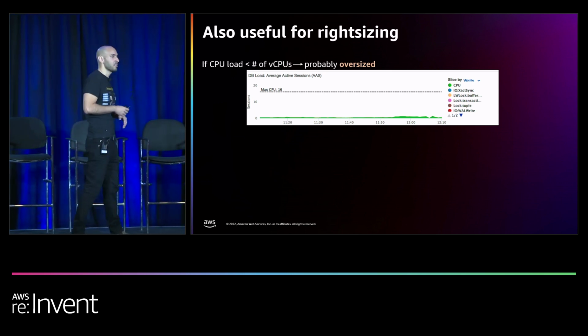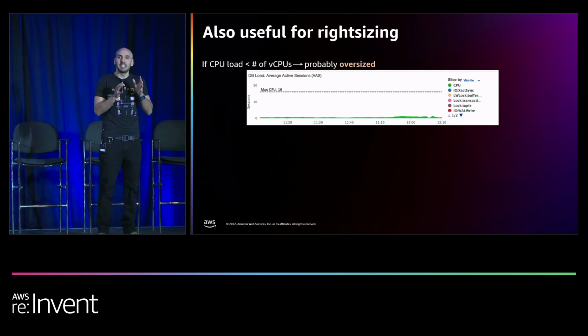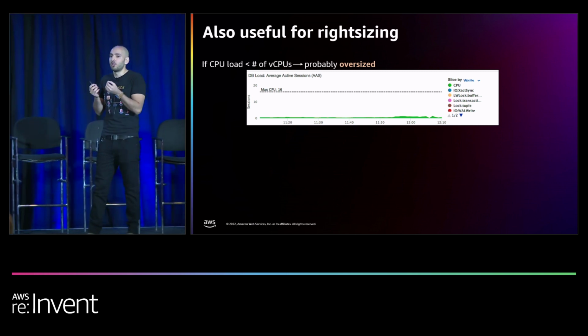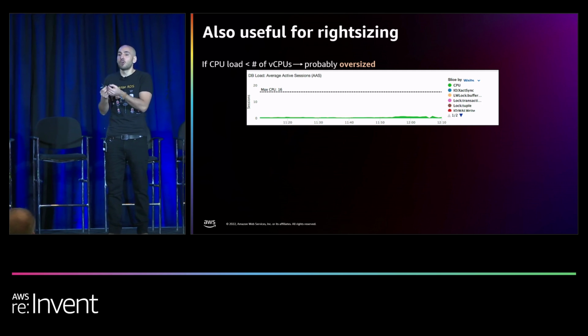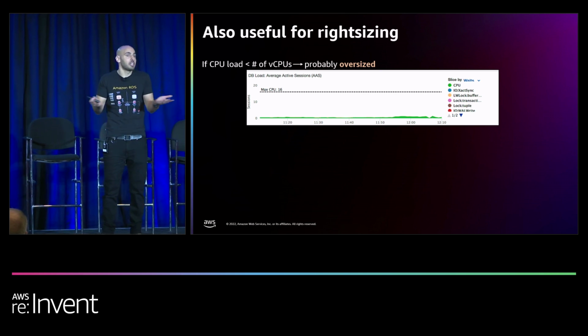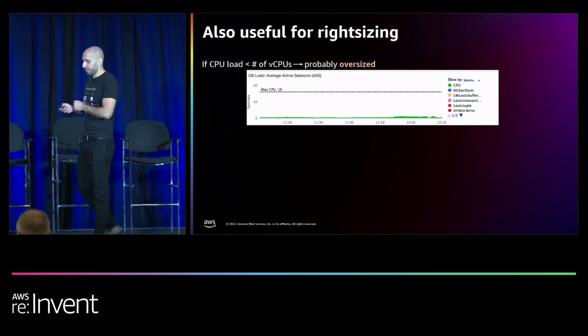In this case, we can see CPU load, which is constantly and significantly below the number of vCPUs in the machine. This means that this is probably an oversized instance. This is a good indication that we have cost optimization opportunities here, because maybe we can downscale the instance and pay less money, right? Every company would love to save money on their AWS resources.